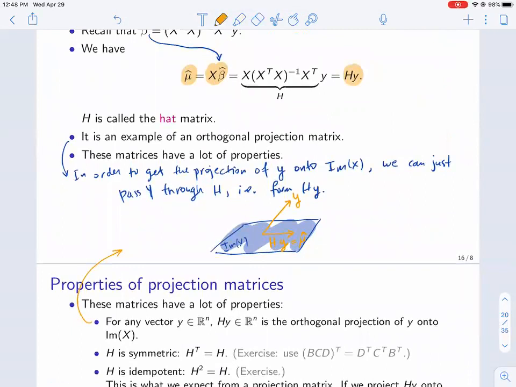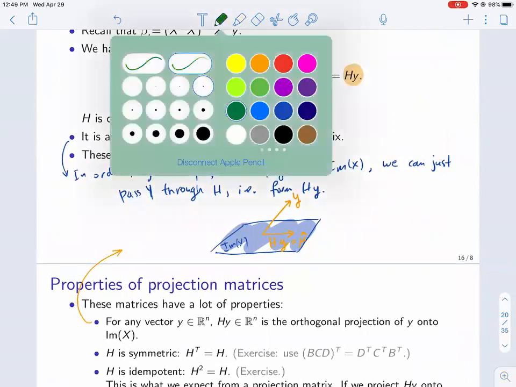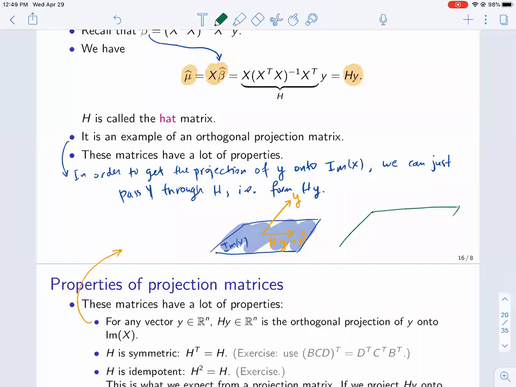Suppose I have this space, the image of X. I project Y once onto this, and I get mu hat. So what happens if I project mu hat again onto the image of X?